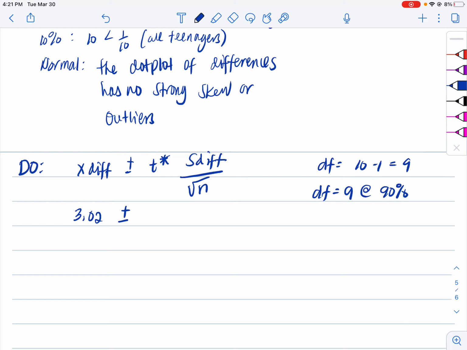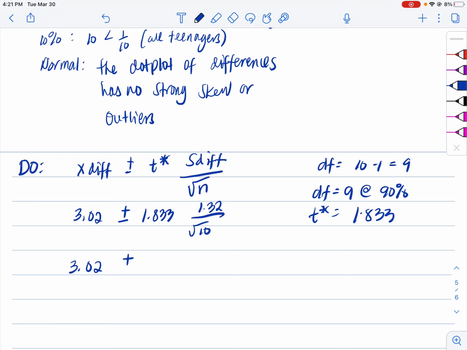That's 1.833. Okay, 90%. Yep, 1.833. So t star of 1.833. And then 1.32 divided by square root of 10.